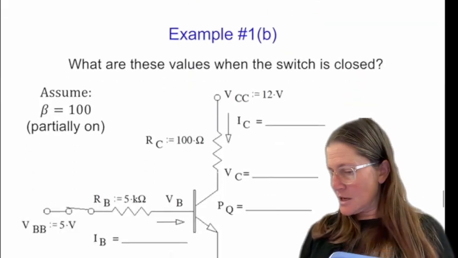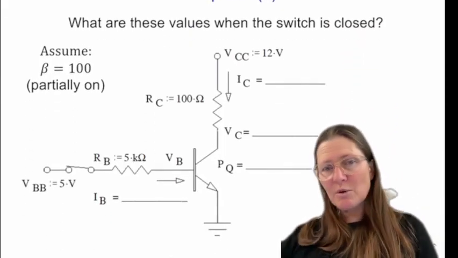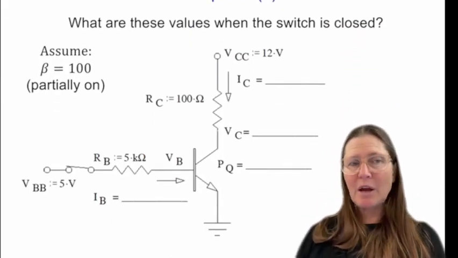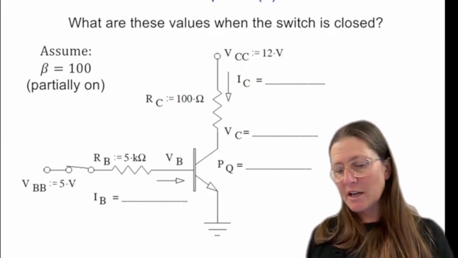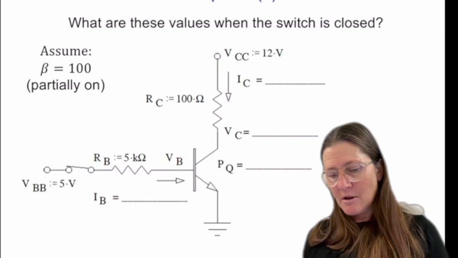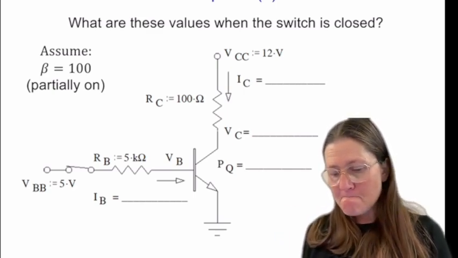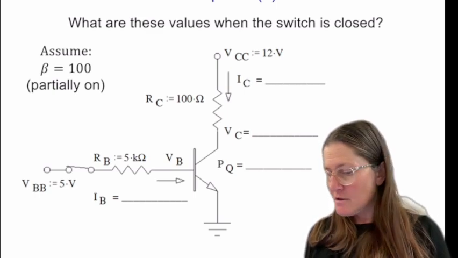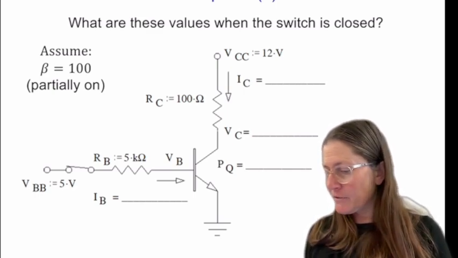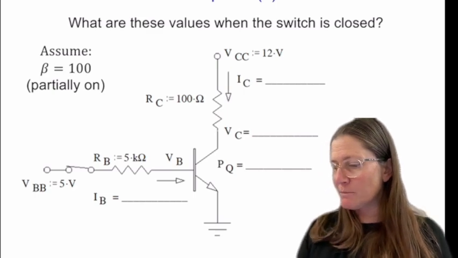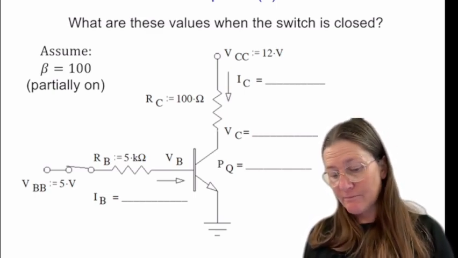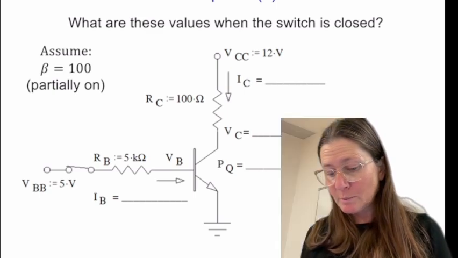All right, let's look at this example. Now when we have it closed and we're assuming beta is 100, our first step is to make an assumption.